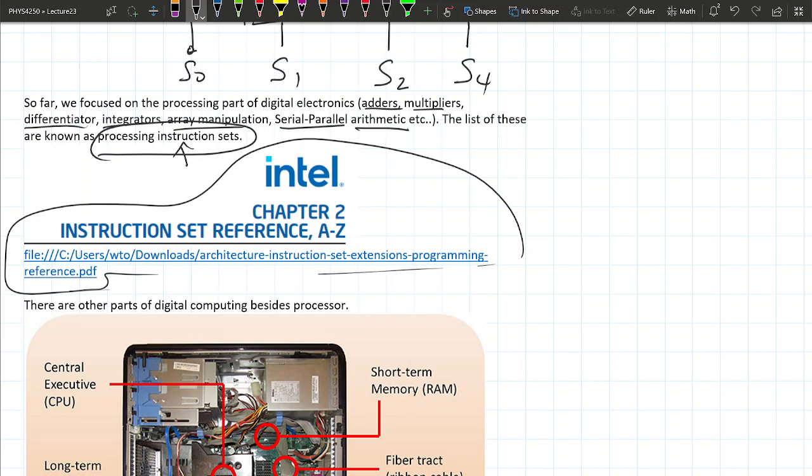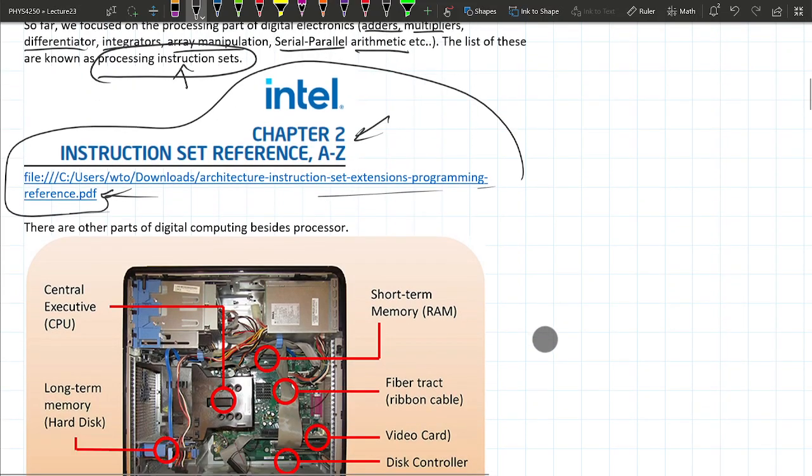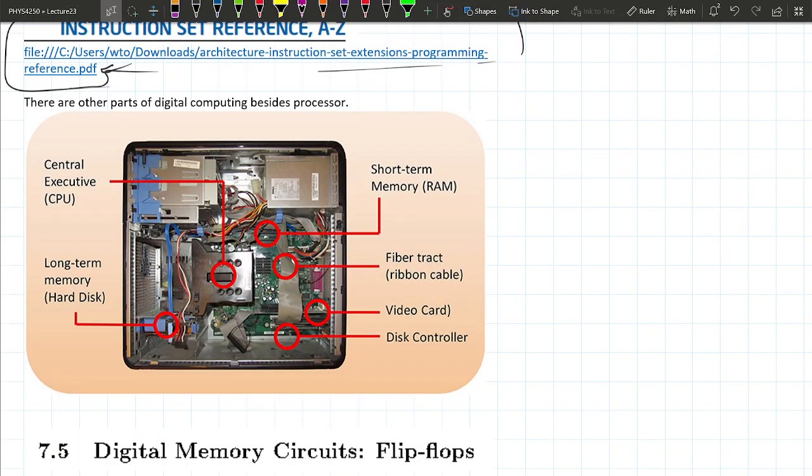You can look at this if you want. There's a PDF. Oh, actually, that's on OneDrive. But if you just Google this, you'll find the instruction sets for Intel, and for AMD processors it'll be a different instruction set, and for Mac it's also a different instruction set. But that's okay.